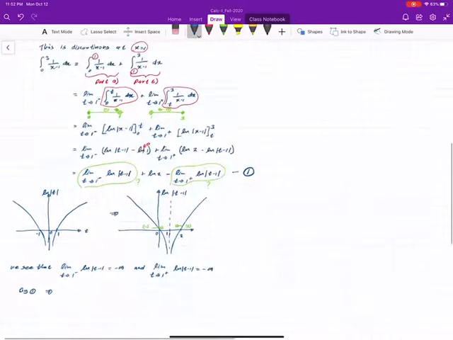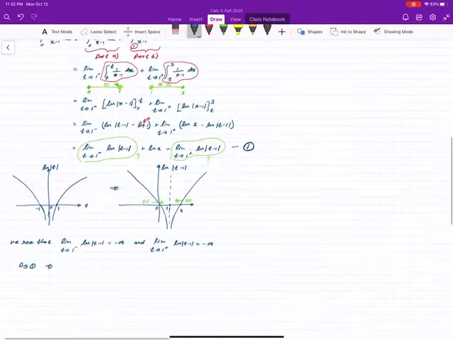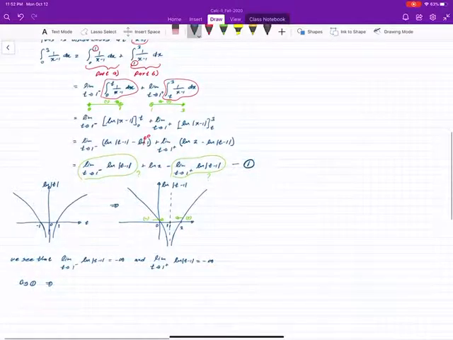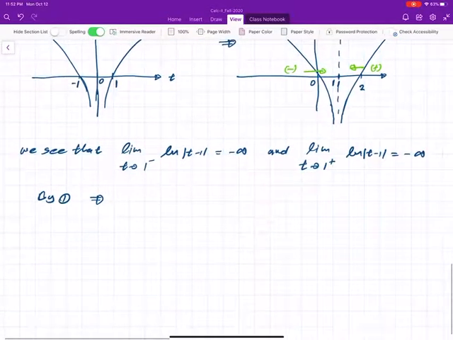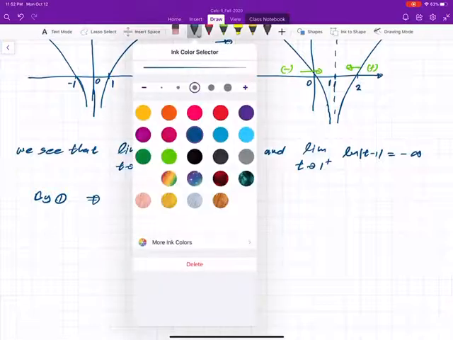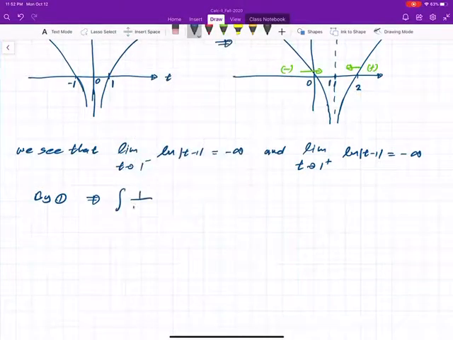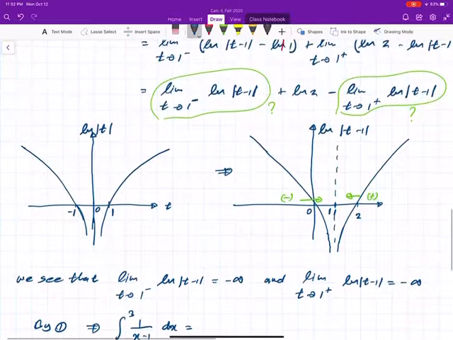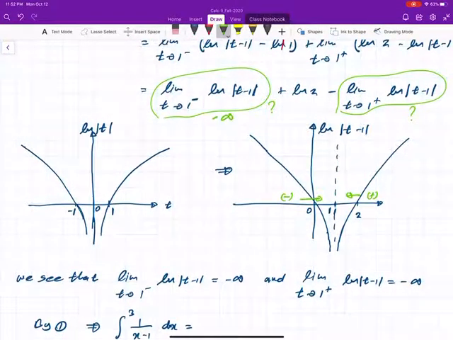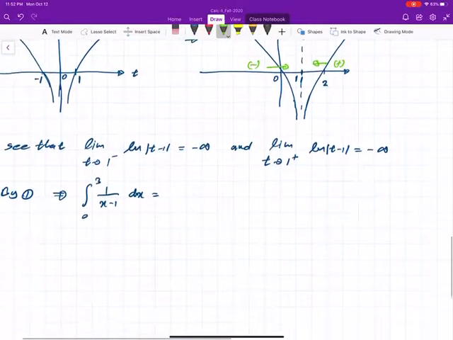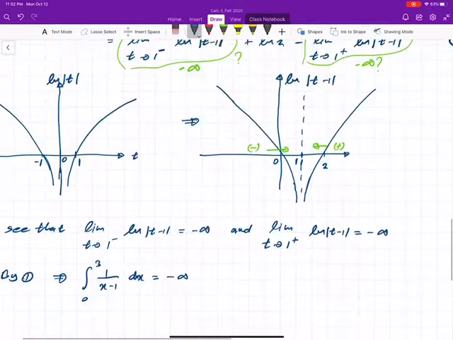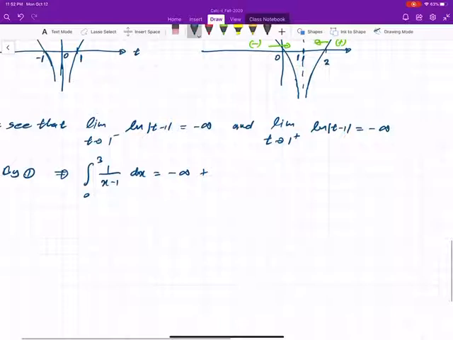the integral, which is integration of 1 over x minus 1 dx from 0 to 3, equals negative infinity, that is negative infinity, so you write negative infinity plus negative infinity.